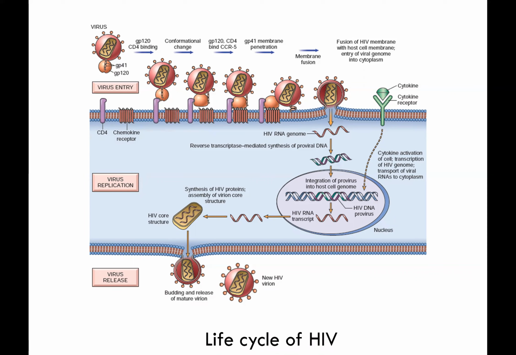In quiescent T cells, the HIV complementary DNA may remain in the cytoplasm in a linear episomal form. However, in dividing T cells, the complementary DNA circularizes, enters the nucleus and integrates into the host genome.